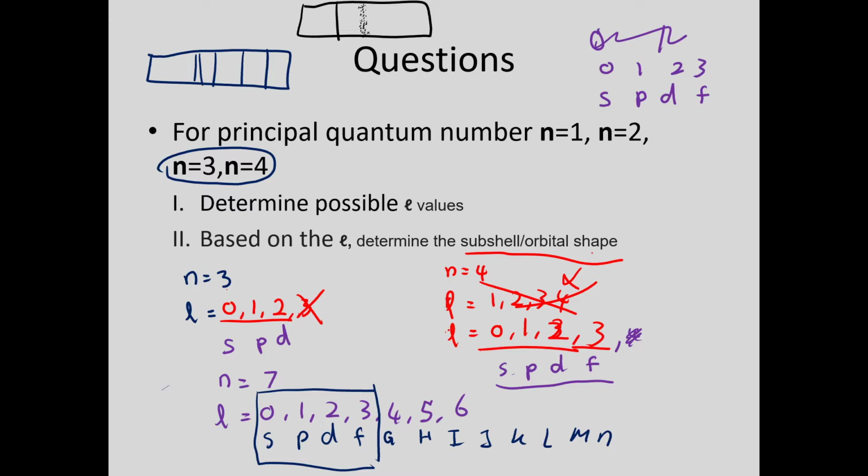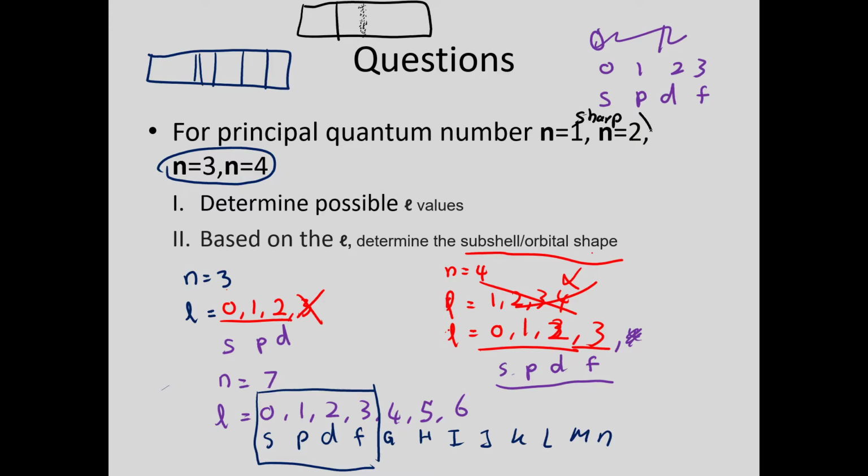So this is basically why it is called SPDF. S is called sharp, because the lines we see for S are always sharp.